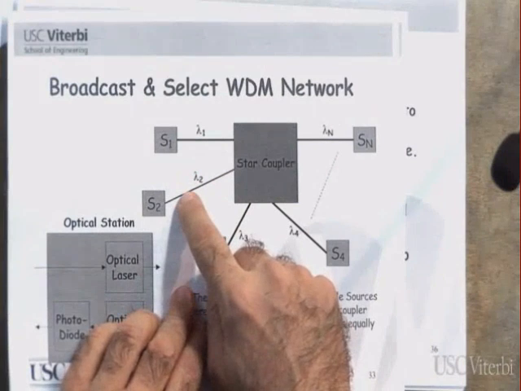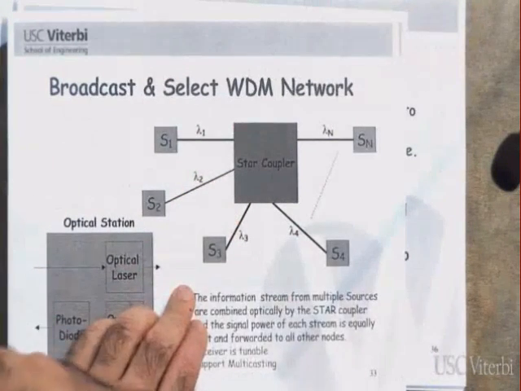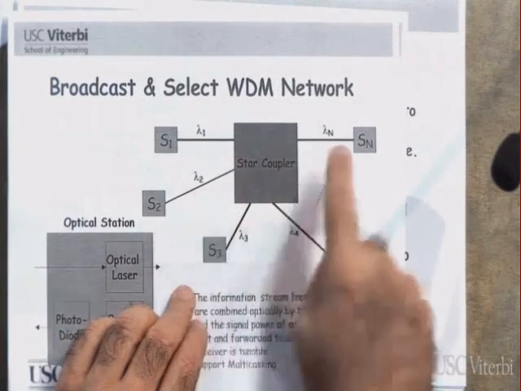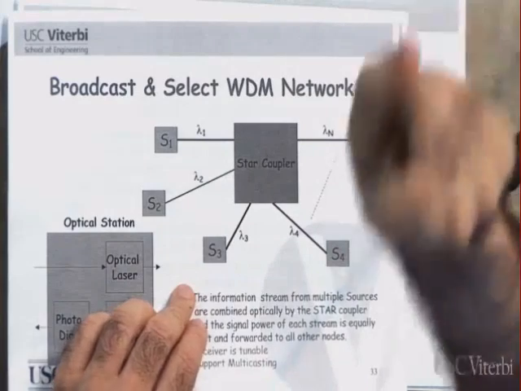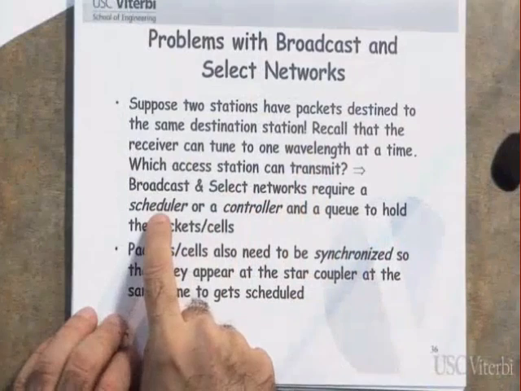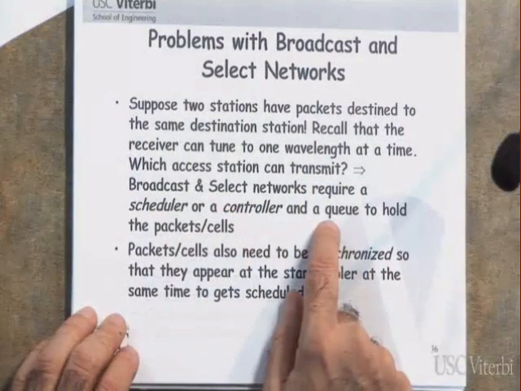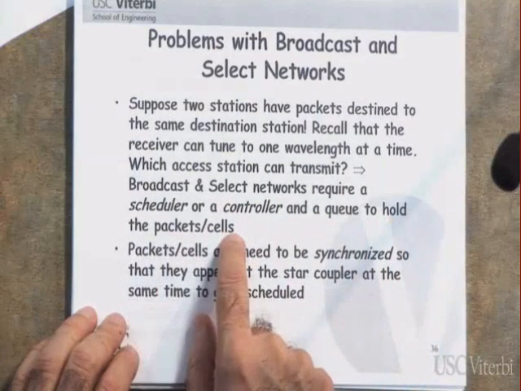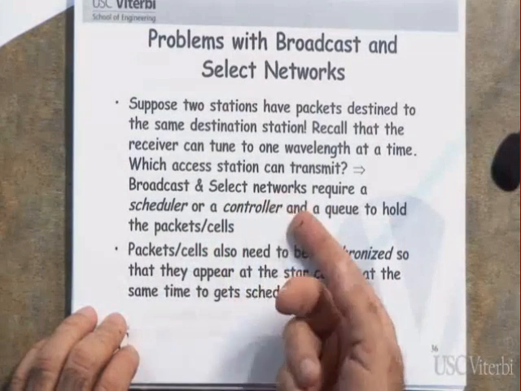This one is going to modulate a different information on lambda 2. This one can tune his receiver to only one wavelength at a time, which means we need to have a scheduler or a controller and a queue to hold the packets, or the cells. Did you understand this?